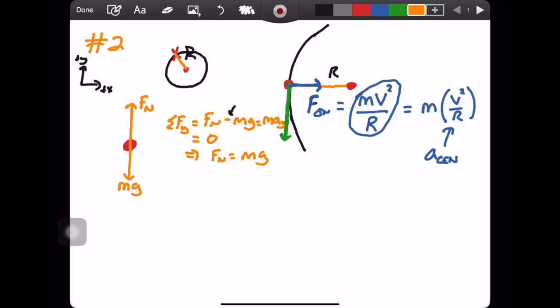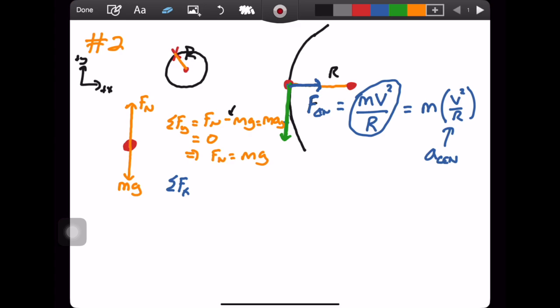Now, let's think about the direction horizontally, the sum of the Fx. Horizontally, in this problem we were told that there's not going to be any banking of the curve. It's going to be a completely flat curve.